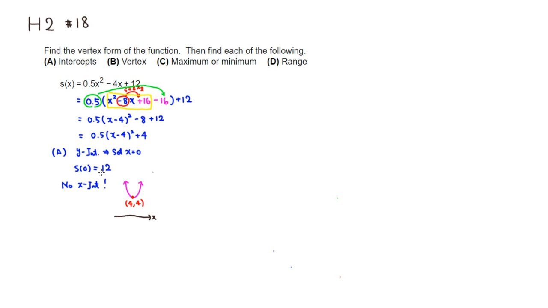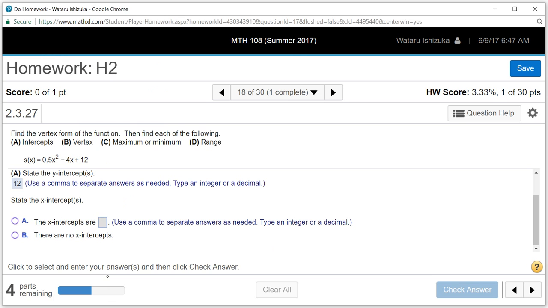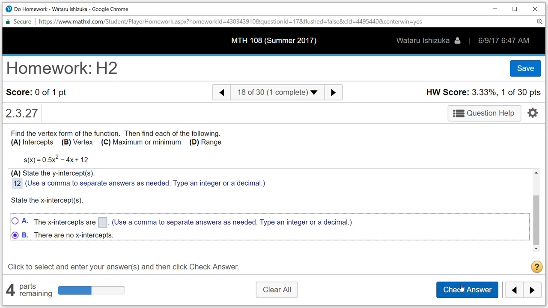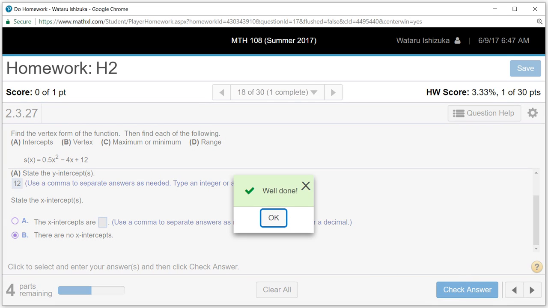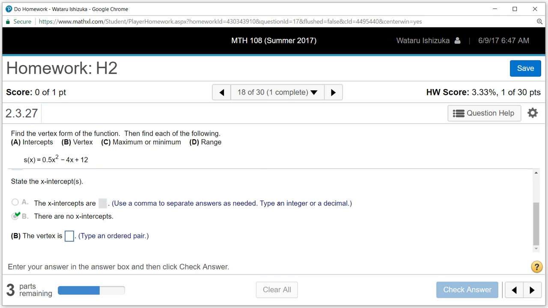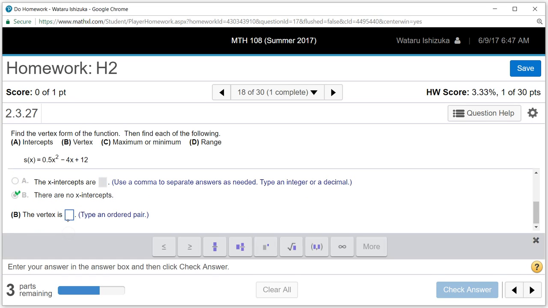There are no x-intercepts. So check the answer. We got that. Then the vertex, we already know the vertex is 4, 4 from that picture. Check the answer.